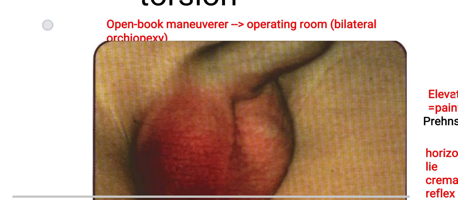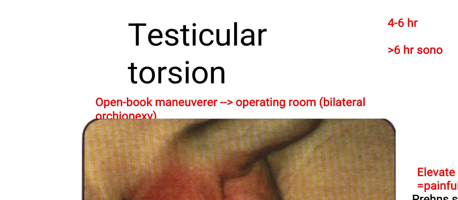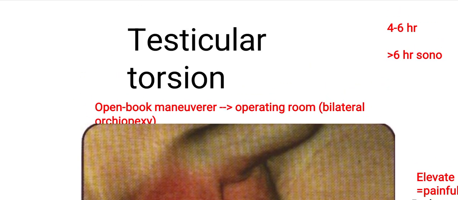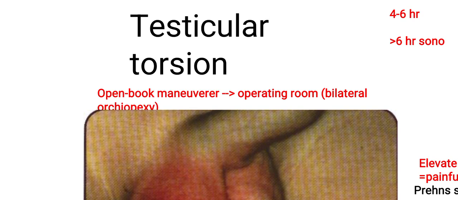If the scenario mentions acute pain in a young age, like 14 to 18 years, then the option would most probably be to refer to emergency, because emergency surgery is needed in such cases of testicular torsion.